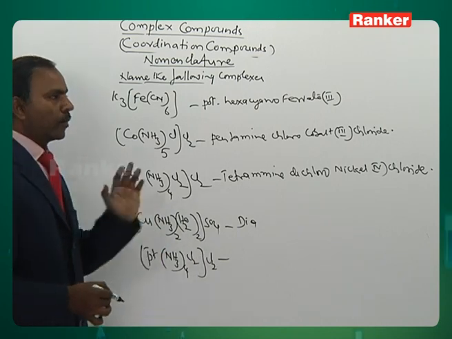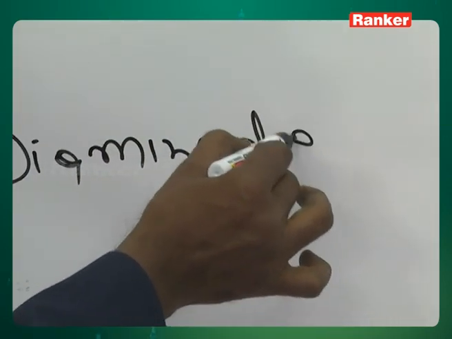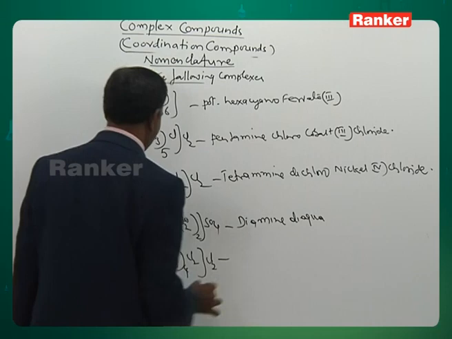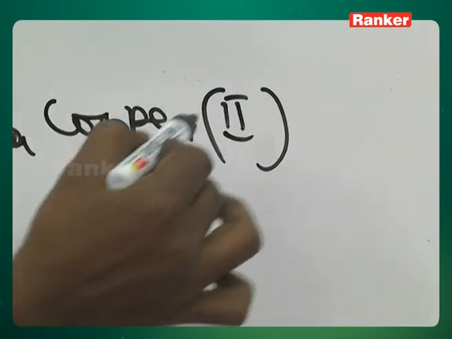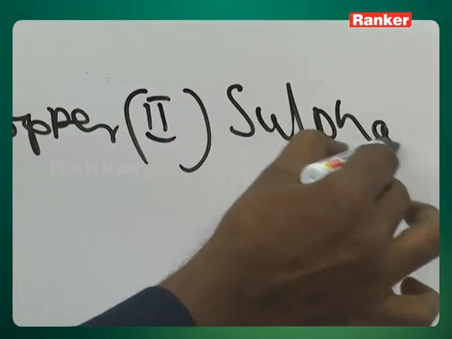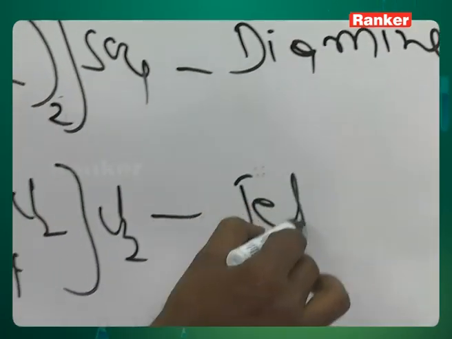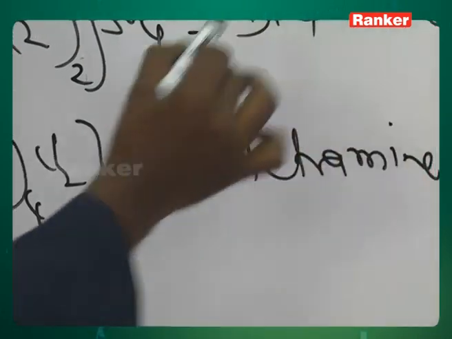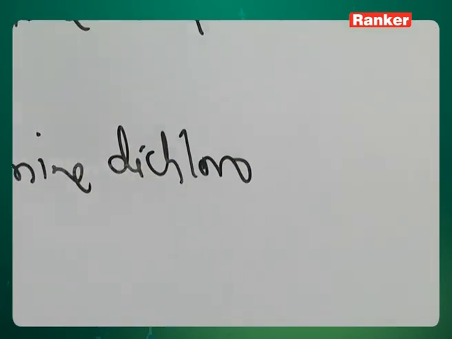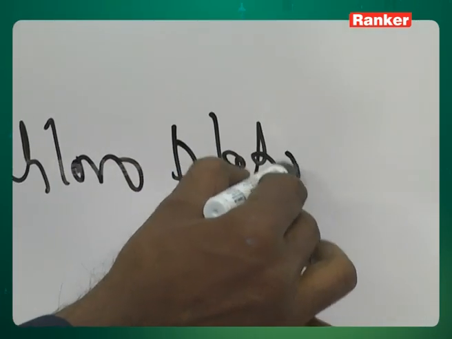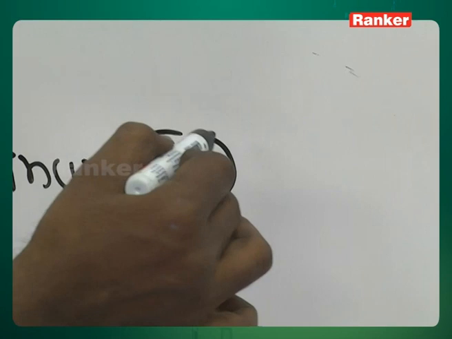Therefore, first ammine followed by aqua: diamminediaquacopper(II) sulfate. Next, tetraamminedichloroplatinum(IV) chloride.